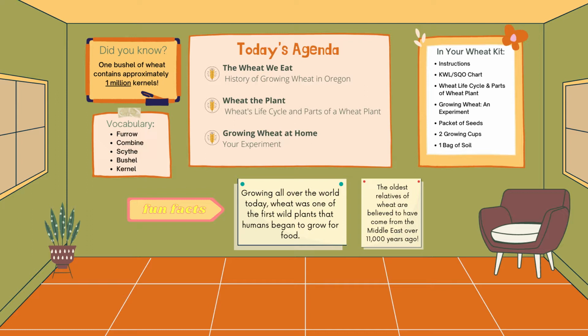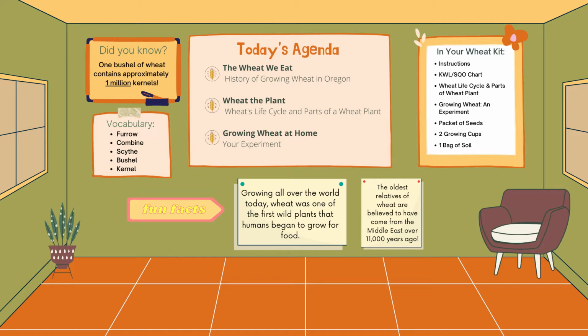We'll then move on to wheat the plant, where we'll discuss wheat's life cycle and parts of a wheat plant, and that's where you're going to want to have on hand your life cycle and parts of a wheat plant recording sheet. And then finally, we'll finish off by talking about growing wheat at home. You will have your own opportunity to grow your own wheat at home, and I'm going to share more about that with you here in just a minute.